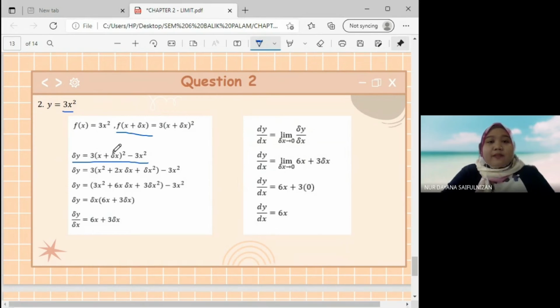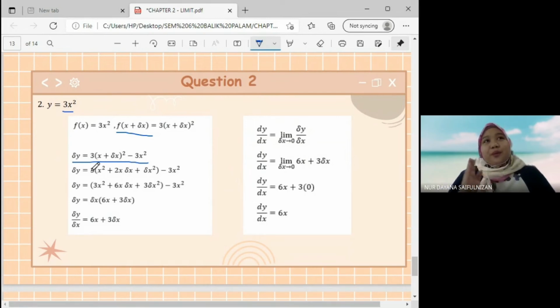Then we have to expand it. We have to expand it to make it more clear, and we can eliminate what we can eliminate. So we expand this, and we get 3 in the bracket of x squared plus 2x delta x plus delta x squared minus 3x squared. Then we expand again.